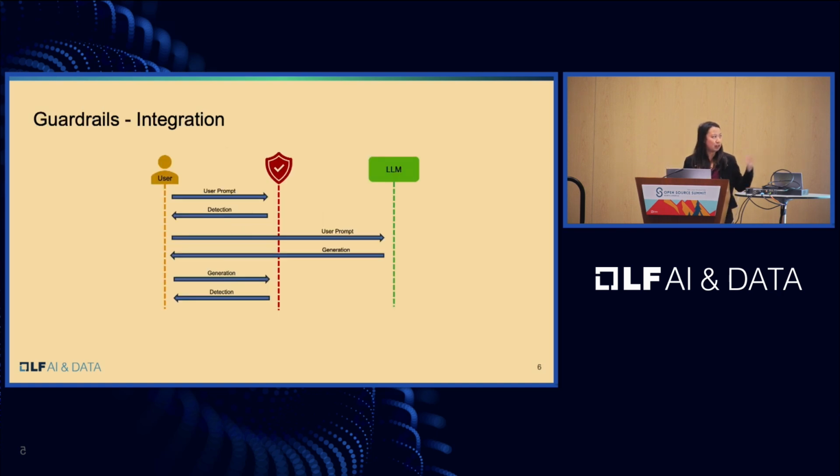When the user gives a user prompt, there can be one or more detectors configured that can be used to screen the user prompt, and then the detections can be returned to the user. If there's nothing deemed unsuitable, this can continue in the workflow. The prompt is given to the large language model and the generation returned. And then with the generation, we can run the same or potentially a different set of detectors on the generation and return that along with any detections to the user.